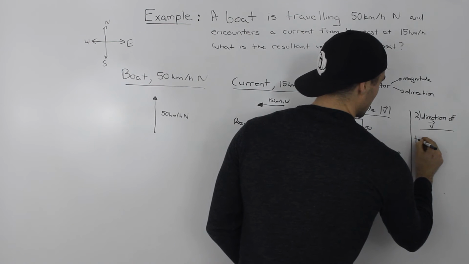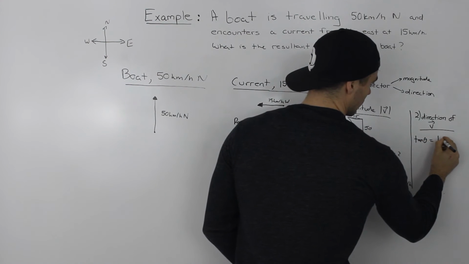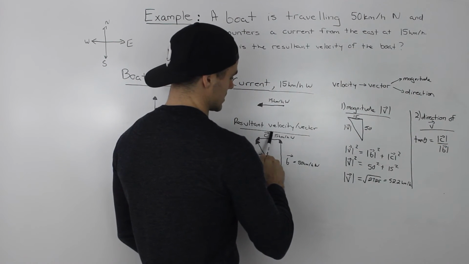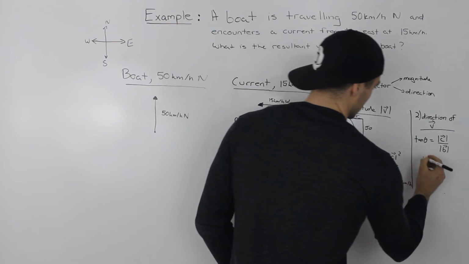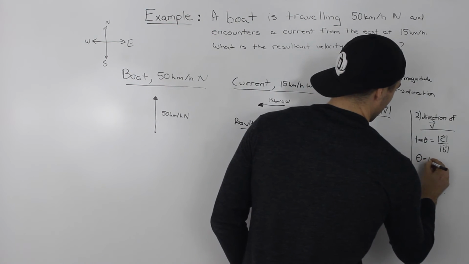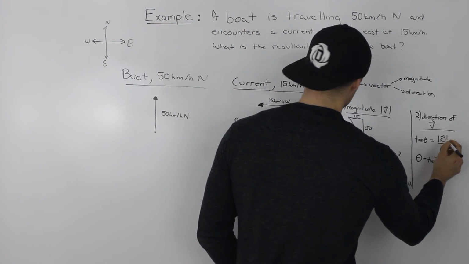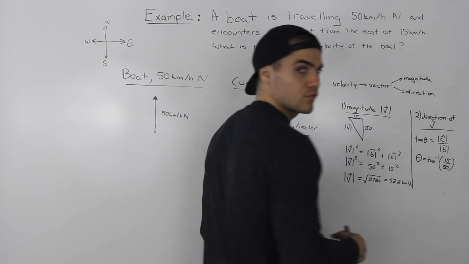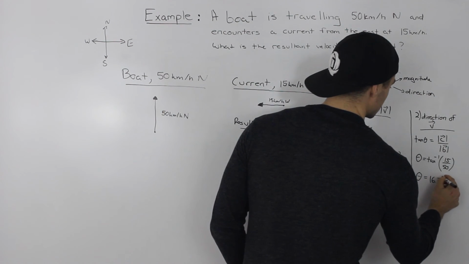Tan theta is equal to the magnitude of the current over the magnitude of the boat, because the current is the opposite side and the boat is the adjacent side to the angle. If we isolate for the angle, we take the inverse tan of the magnitude of the current, 15, over the magnitude of the boat, 50. Inputting that in the calculator, we get an angle of 16.7 degrees.